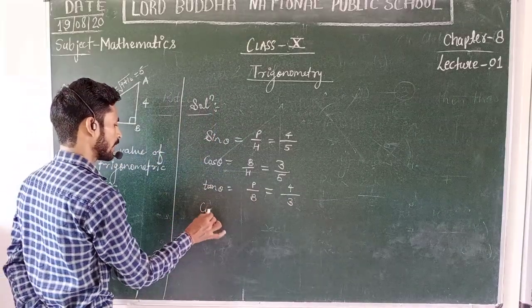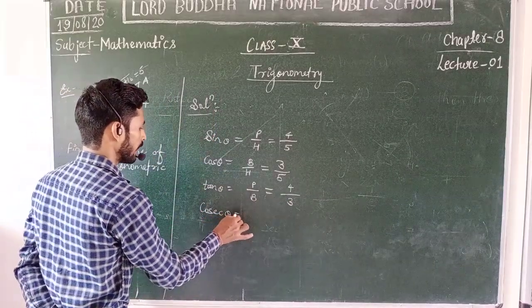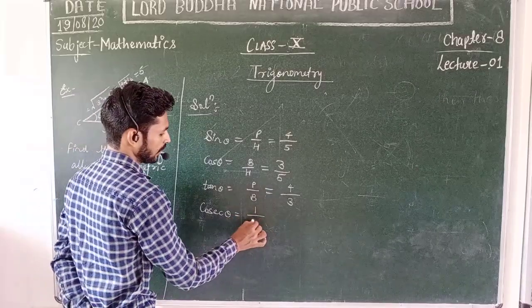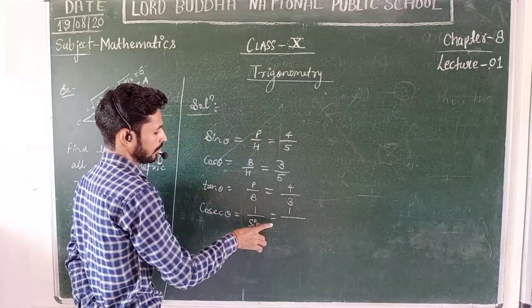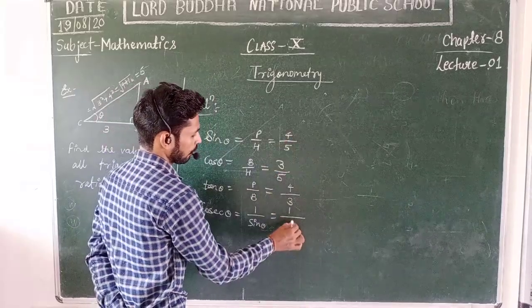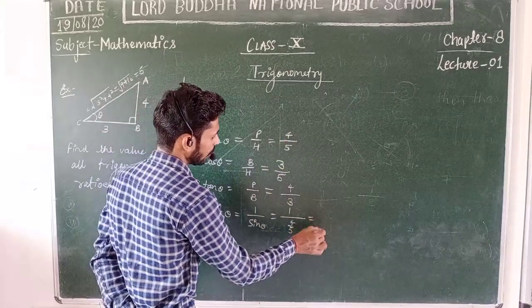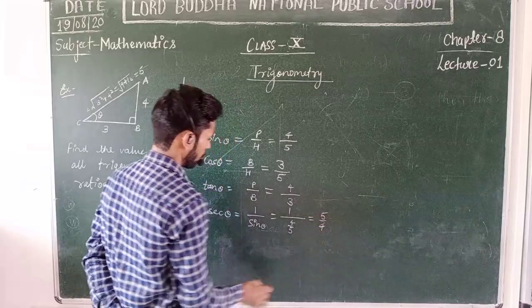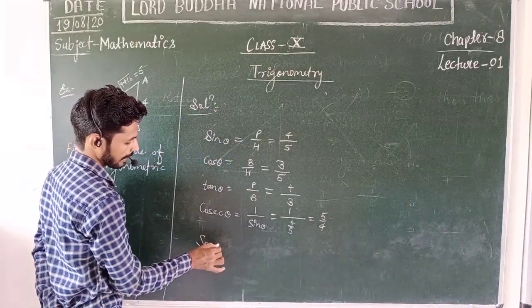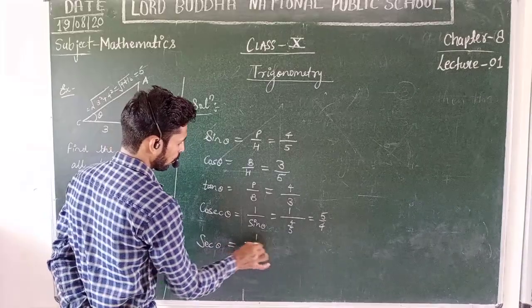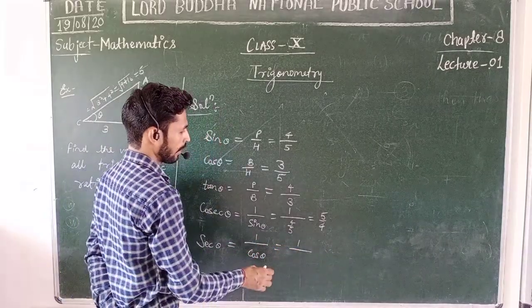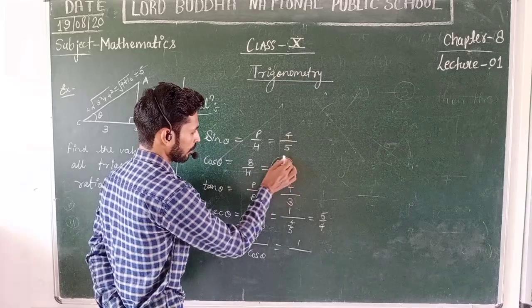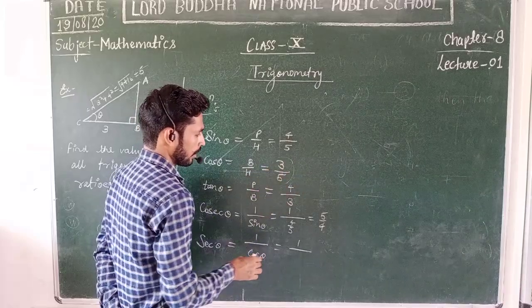Next one is cosec theta, that is equal to 1 upon sin theta. Put the value of sin theta: 1 upon 4 by 5, that is equal to 5 by 4. Next one is sec theta equals 1 upon cos theta, and in place of cos theta we can put the value 3 by 5.